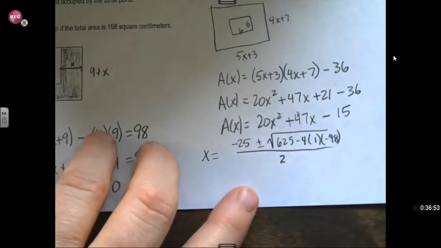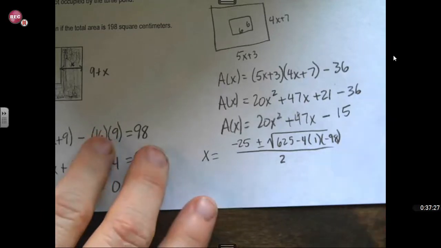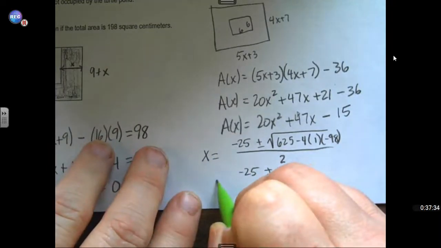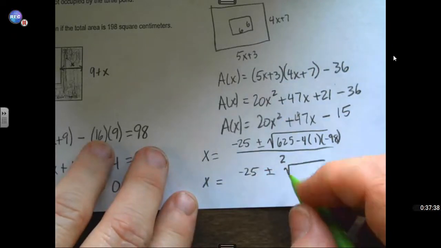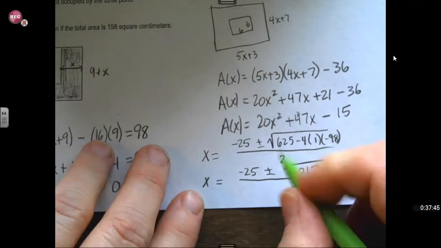In that radical there, I'm going to get negative 25 plus or minus the square root of 1017, divided by 2.